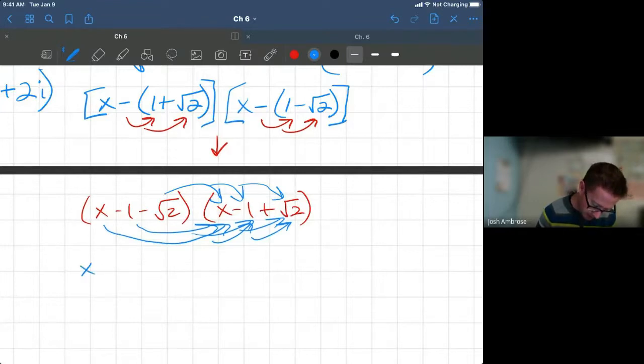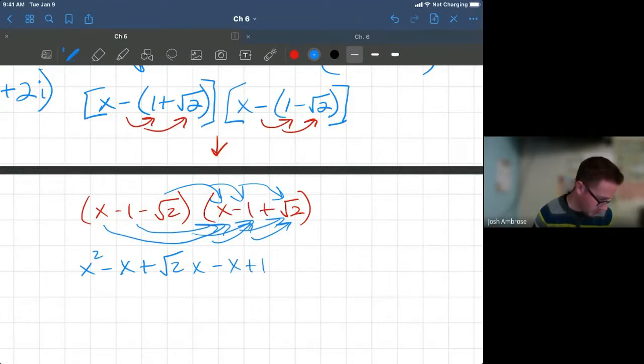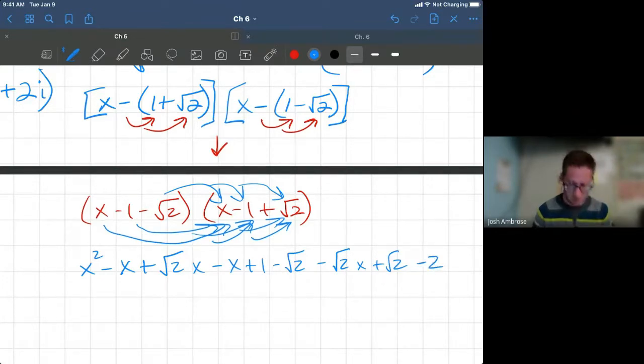You're going to get x squared minus x plus radical 2x, then minus x plus 1, minus radical 2, minus radical 2x plus radical 2, finally now minus 2.